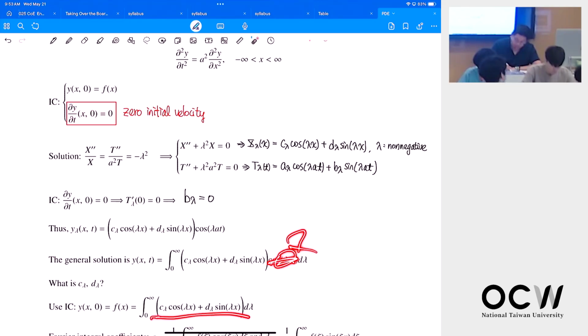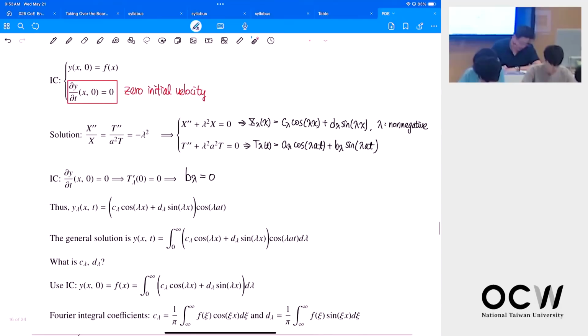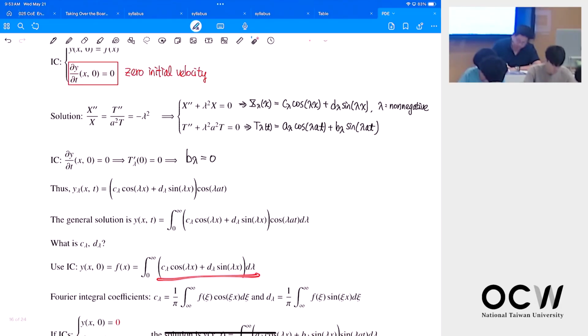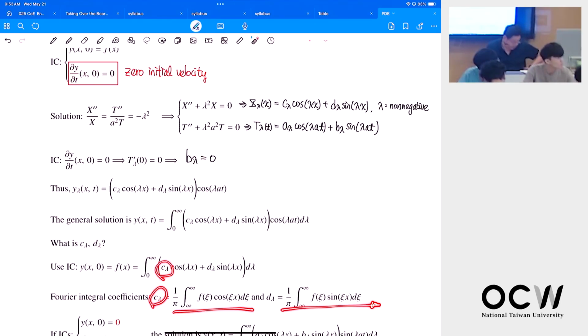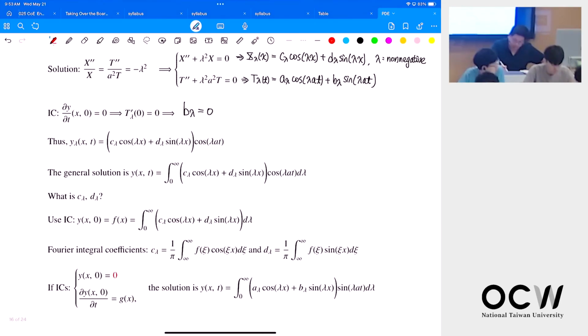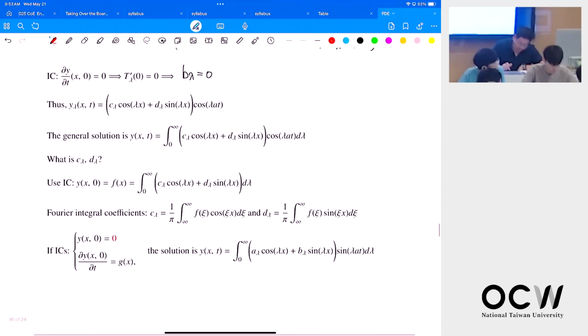So overall, it should be a function of x. And this is the Fourier integral. So for the Fourier integral coefficient, there we go. And if I change the initial condition, this is non-zero initial velocity.